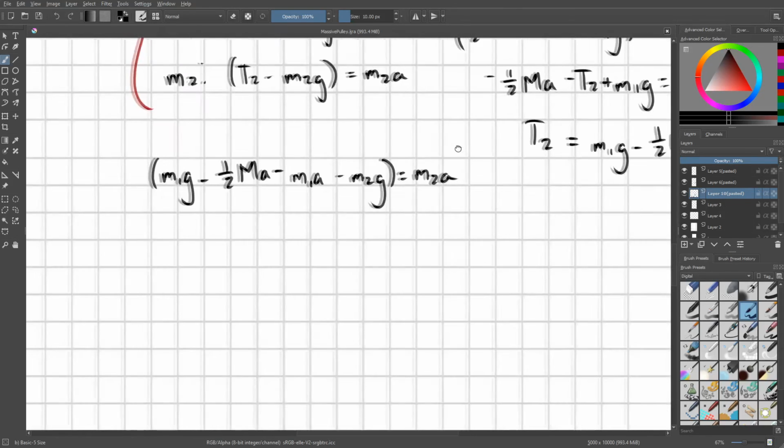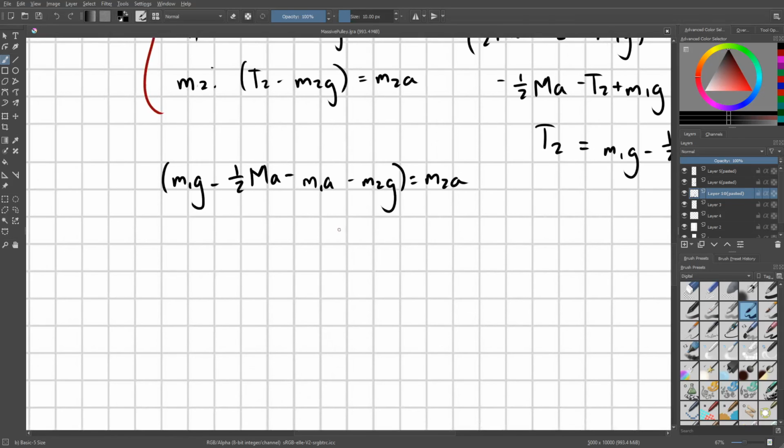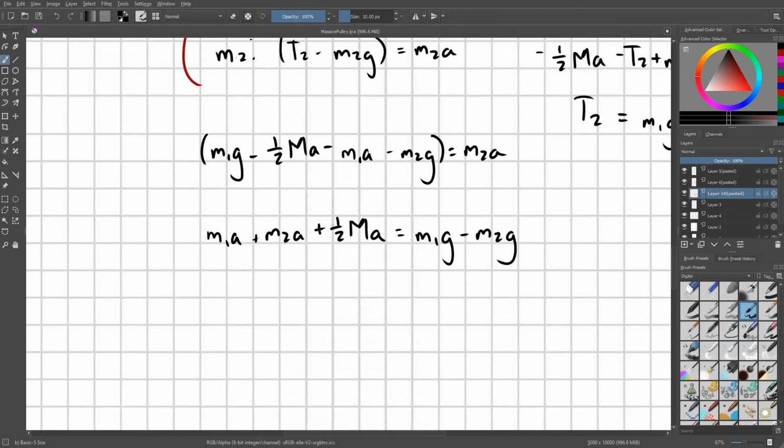I'm going to go ahead and move all my acceleration terms to one side of the equation. So we have M1A plus M2A plus 1/2 big MA equals M1G minus M2G. I'm going to take my A out of here.